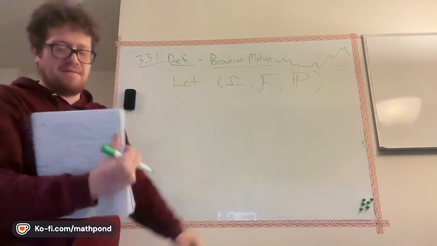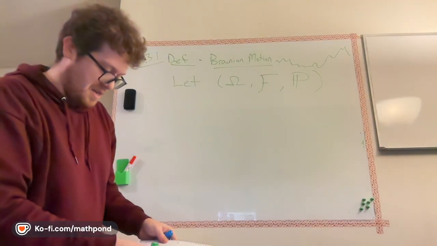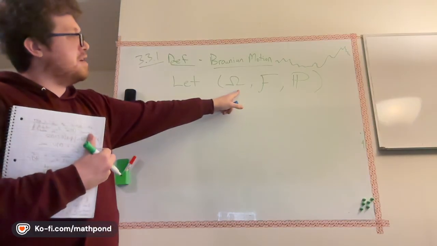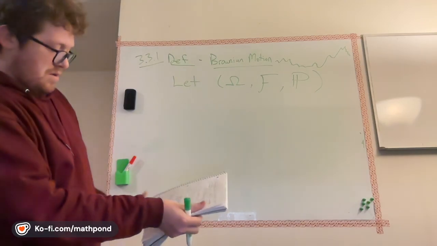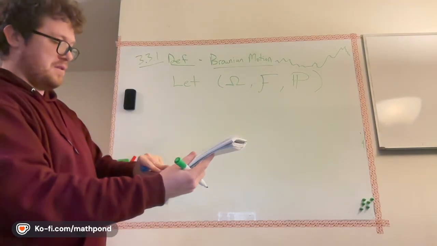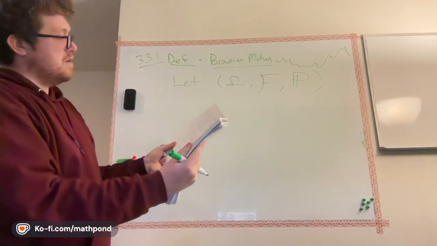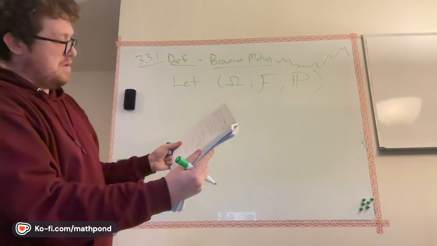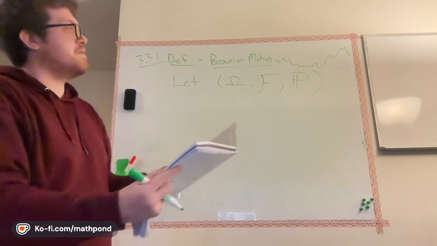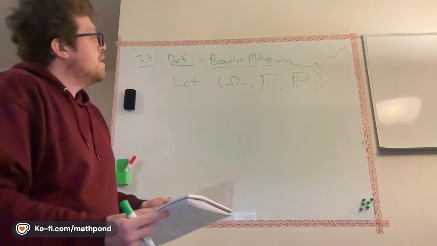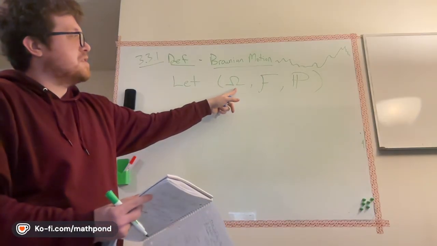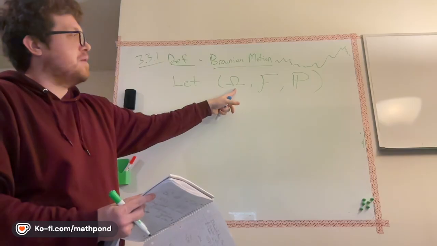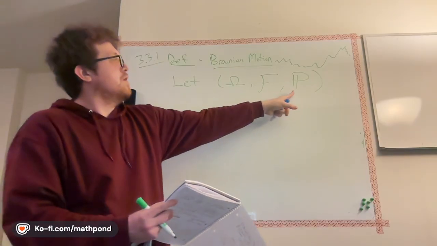F, what is F? I'm trying to remember now. So we have our sigma algebra. F is, what is F? Well, maybe I'll know from the rest of this. Hold on. Trying to remember what we need for this. Maybe somebody can remind me in chat. So we have all the possible states, all the things that could happen. This is our probability measure.